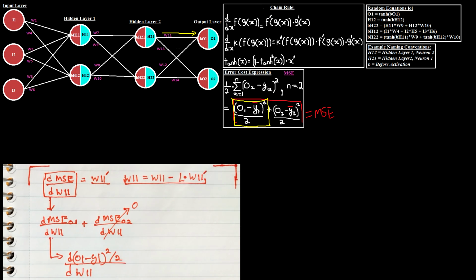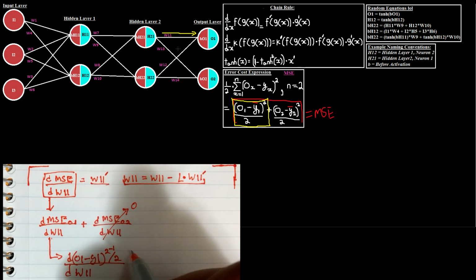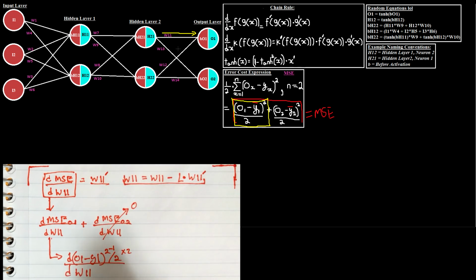So x squared divided by 2 just ends up being x, right? Because you bring the 2 out and subtract the power by 1. So the power 2 is reduced by 1, and we bring the 2 out and multiply it, so the 2 cancels out, which just leaves us with O1 minus Y1.